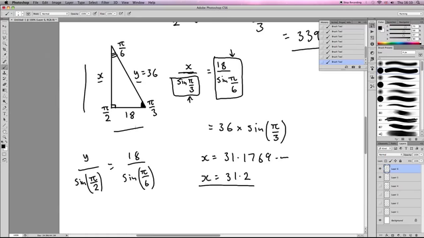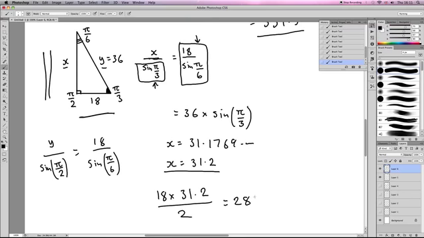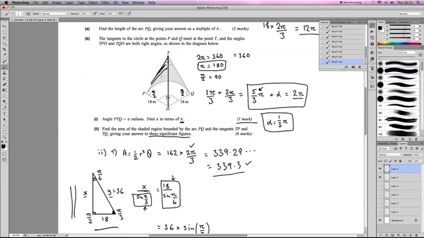So yeah, area of this triangle is just going to be base times height, so it's going to be 18 times 31.2 divided by 2. So if I do that, 18 times 31.2 divided by 2, it gives me 280.8. That's area of one triangle.